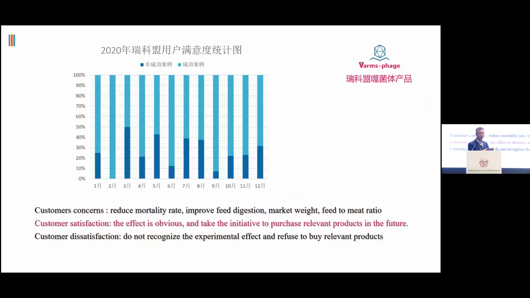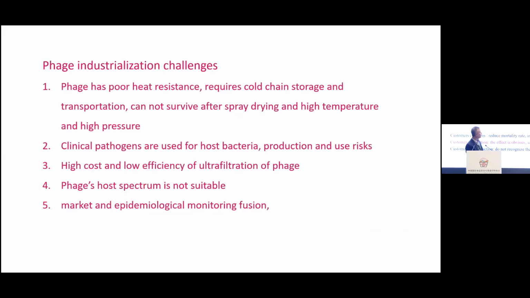And we have been very mature in producing the liquid phages, but for solid phages, the technology is not so mature yet. And we have some commercial application now. Our customer, Richmond, is very satisfied with the phage, and we achieved a success rate of 67%.